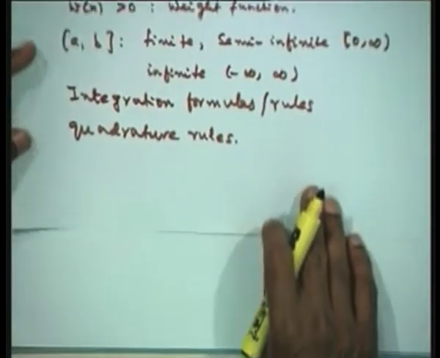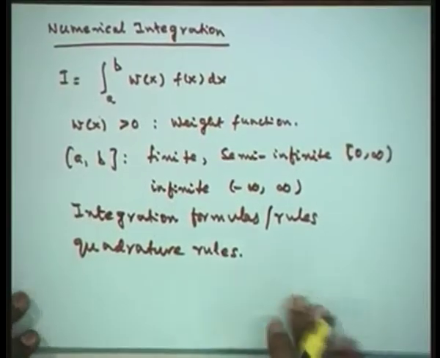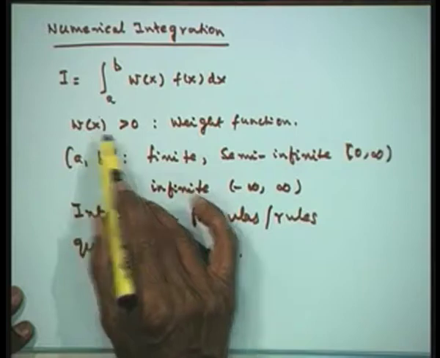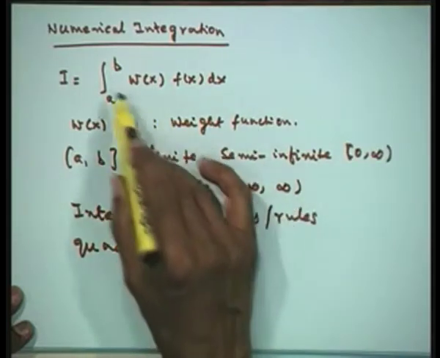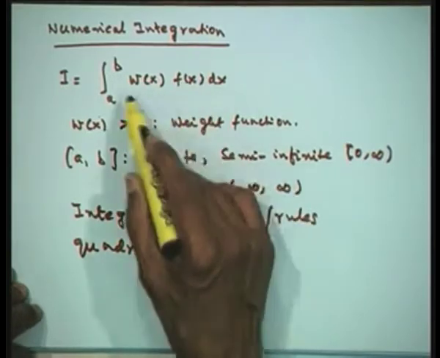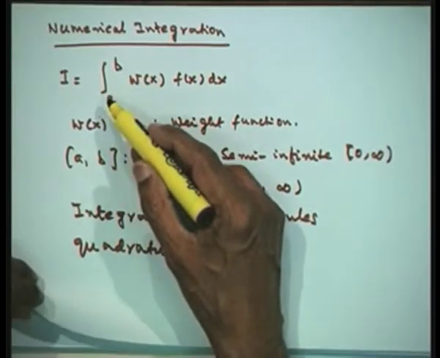Now, what we would like to write is, since the integrand contains the unknown function f(x), w(x) is a weight function which is known, the integral must be a linear combination of f(x) evaluated at a number of points between a and b.